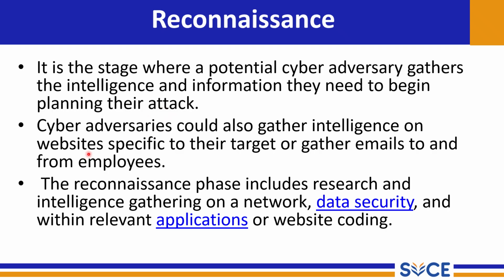Here the cyber adversaries could gather intelligence through the website to specify the target or to gather emails sent to and from employees. The reconnaissance phase includes research and intelligence gathering on network or data security and within relevant applications to the particular website code. Okay, so this is all about reconnaissance.